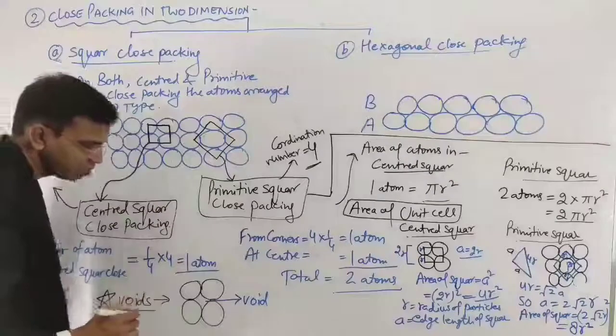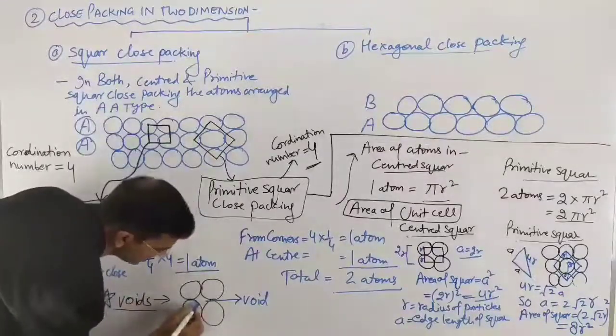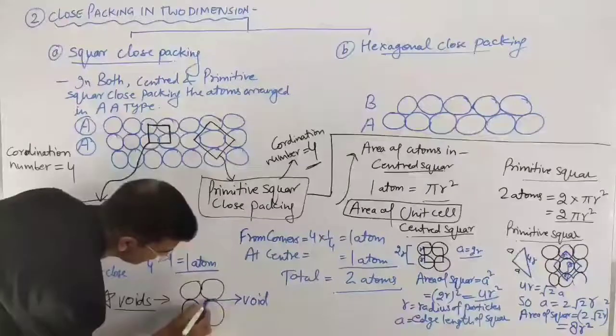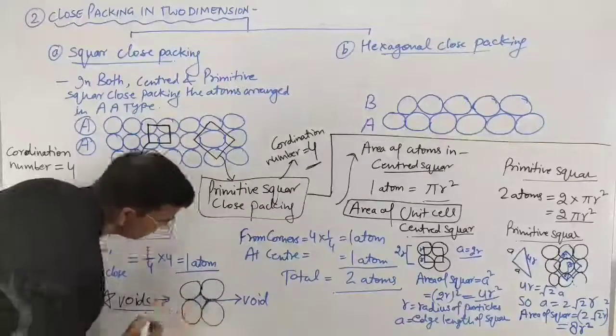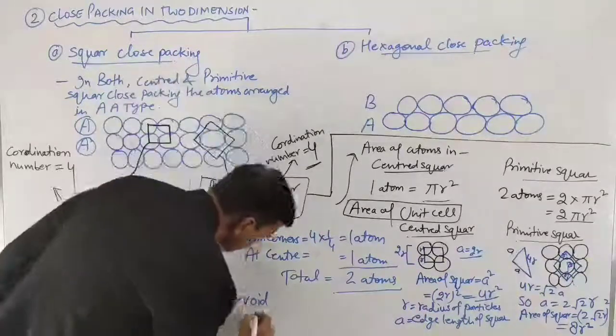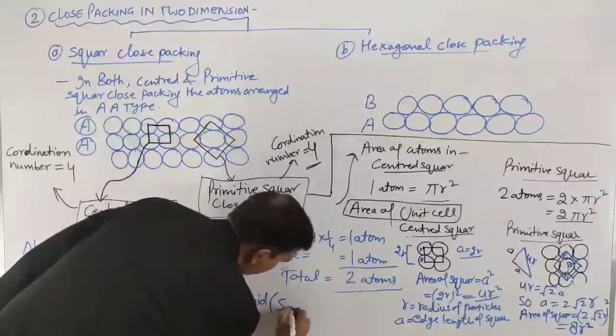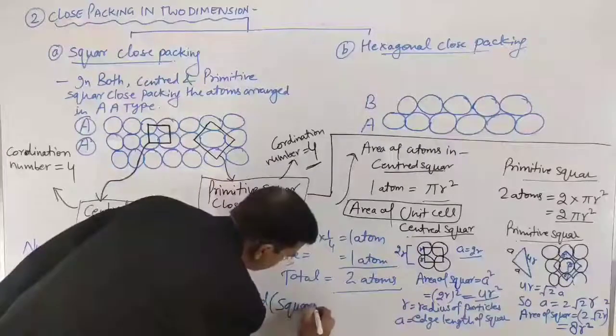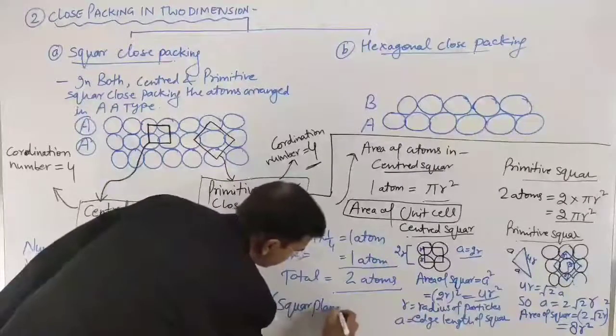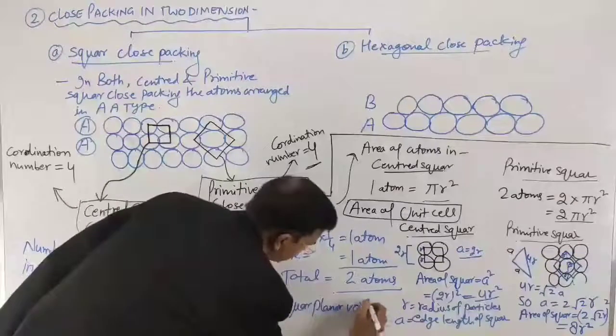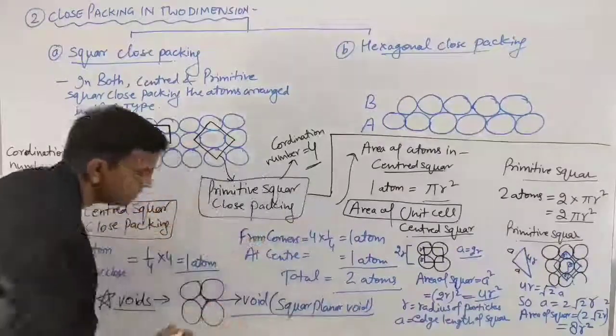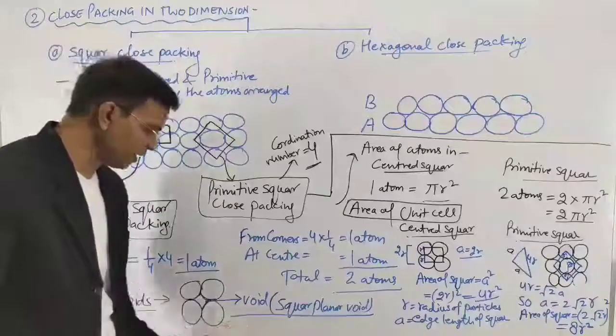So it is square type. So it is a square planar void, right? So this is all about the void.